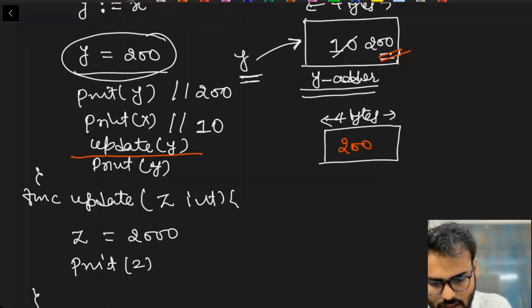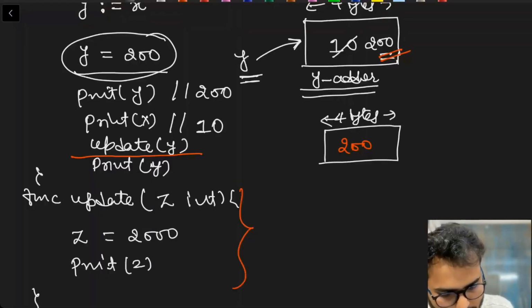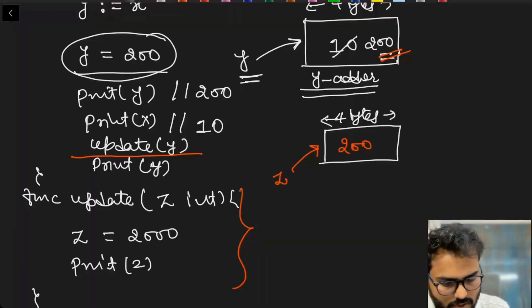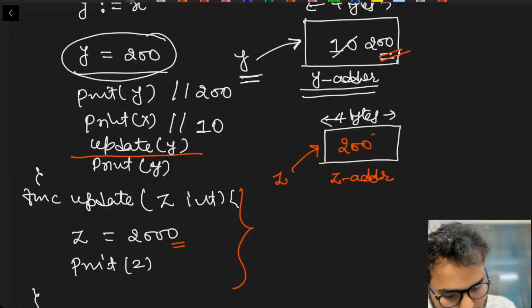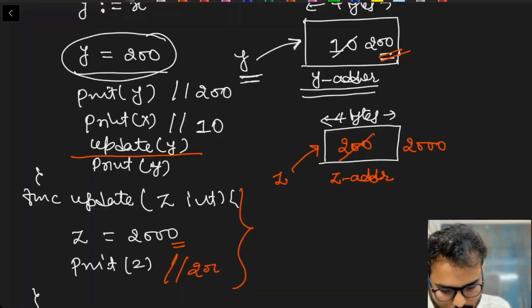When the control comes into this function, this memory address can be referenced using z. For now we can name it as z address. So when we do z is equal to 2000, this 200 will be replaced with 2000, and when we print the value of z, it will print 2000.